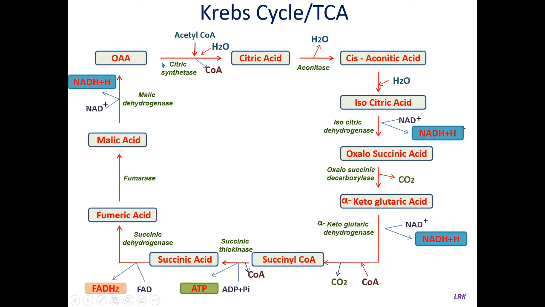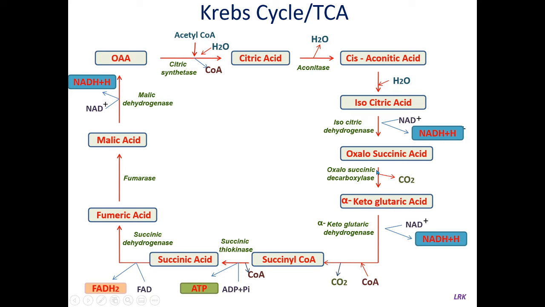In the Krebs cycle, we saw that a total of four oxidation reactions take place. This is the first oxidation reaction, where NAD acts as an oxidizing agent and itself undergoes reduction. Here also, alpha ketoglutaric acid is a very important intermediary compound, which forms a precursor for many of the amino acids.